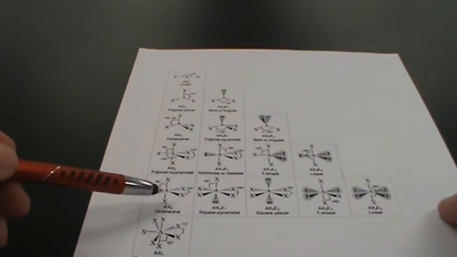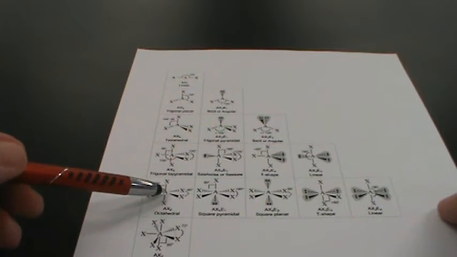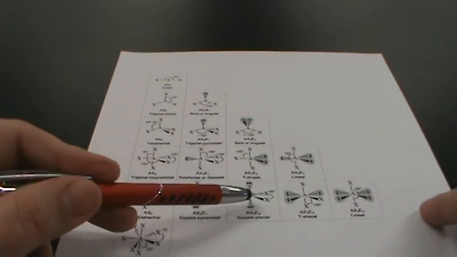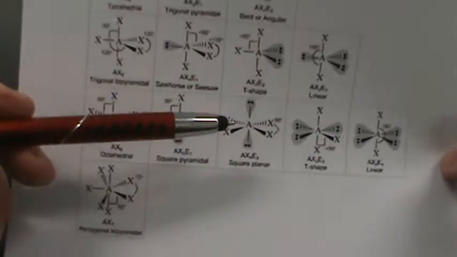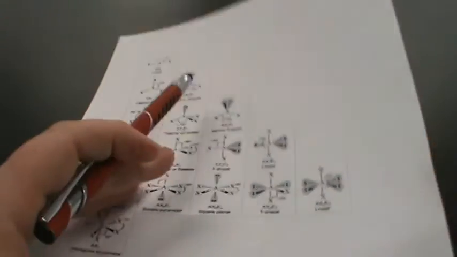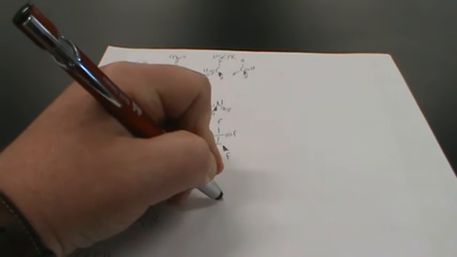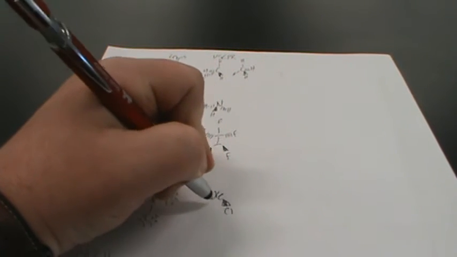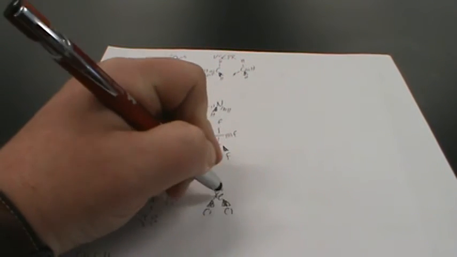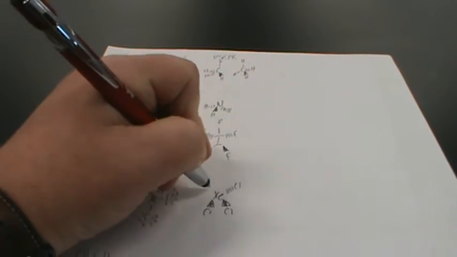We start with the octahedral, and since we have 2 lone pairs, we've got to move 2 spots to the right. That takes us to square planar. So the VSEPR shape for XeCl4 is square planar.